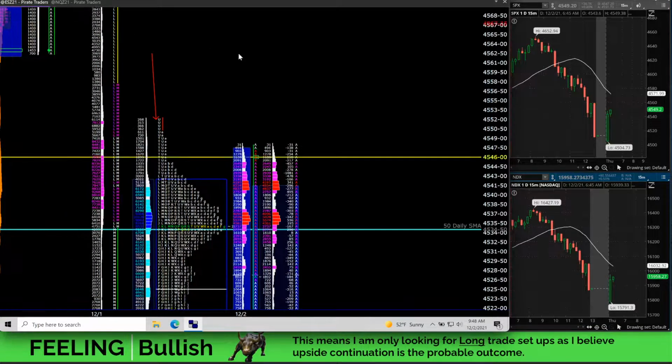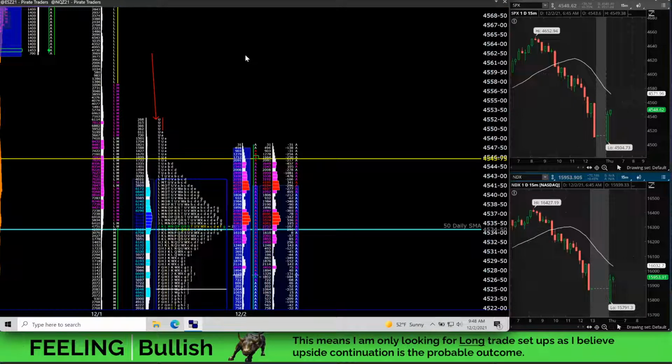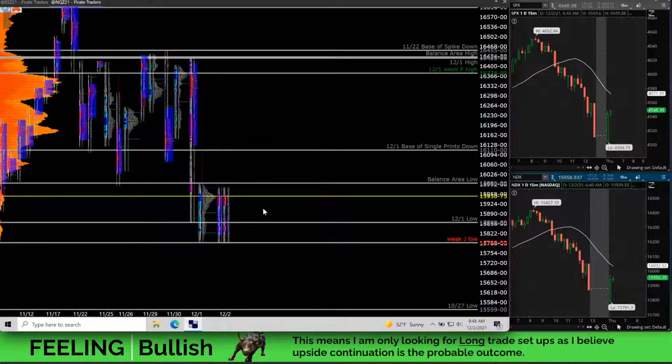Let's pop over and take a look at the Q. See what the Q's doing this morning. Looks like it's about the same as the ES. Okay, same story. Spike yesterday, but we opened below the spike.